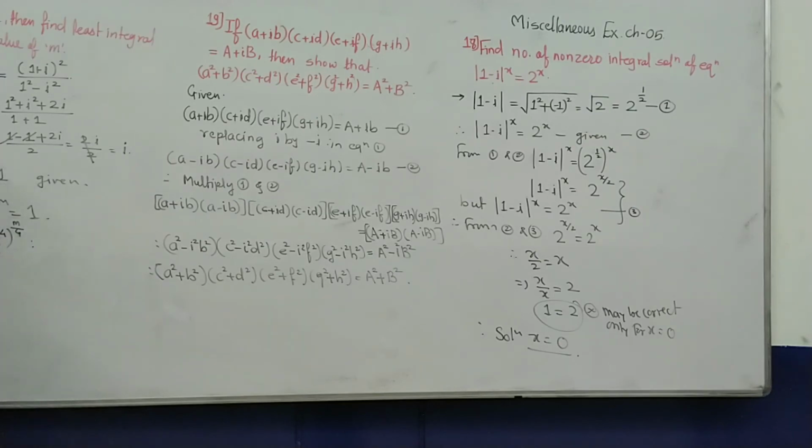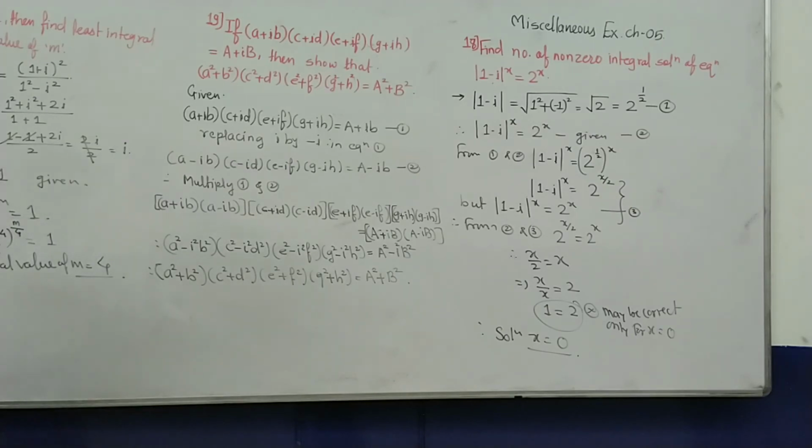So this shows that the least possible, or least integral value of m is equal to what? 4. So i raised to 4 into m upon 4 will give you 1. So what we can say, therefore the least integral value of m is equal to 4. Okay, because it will give you the correct form of the answer.